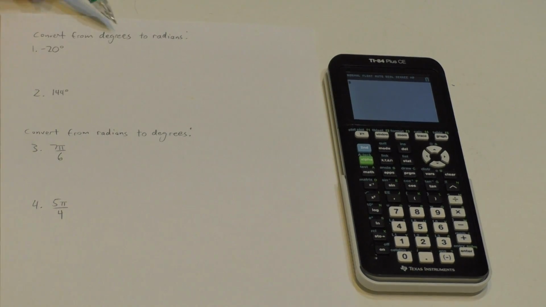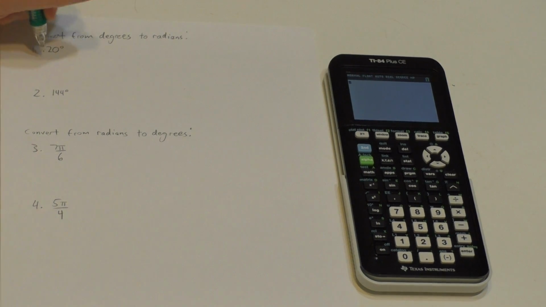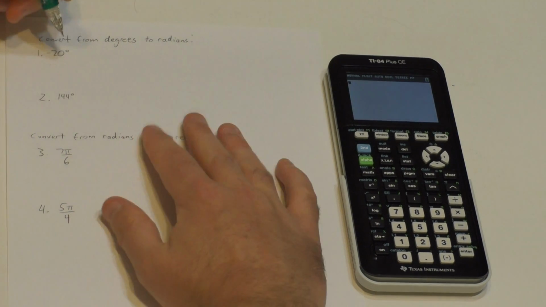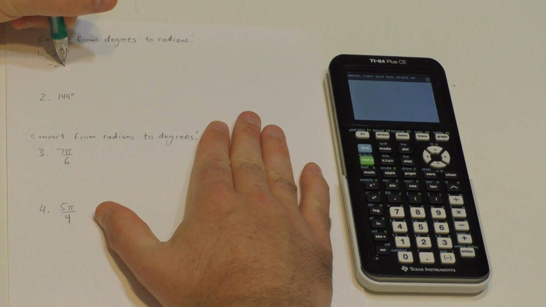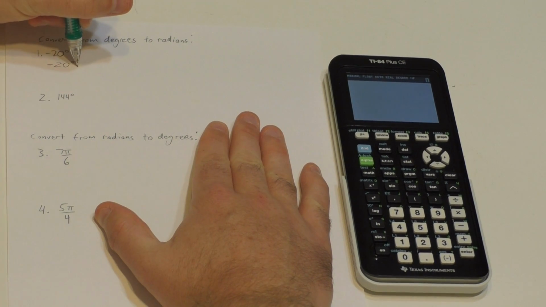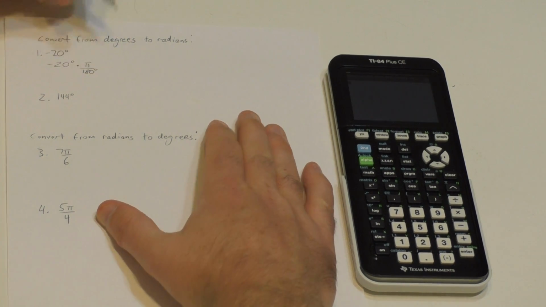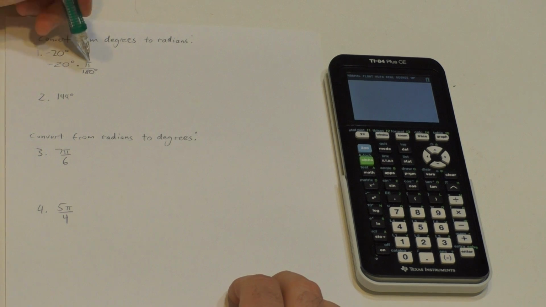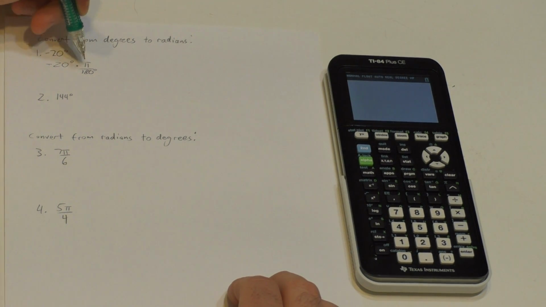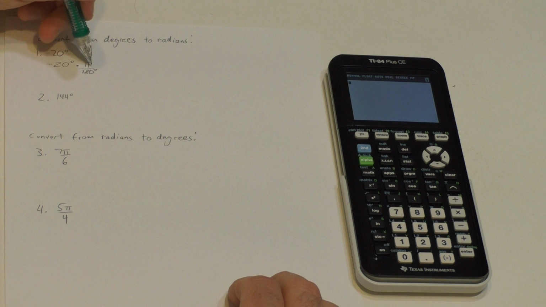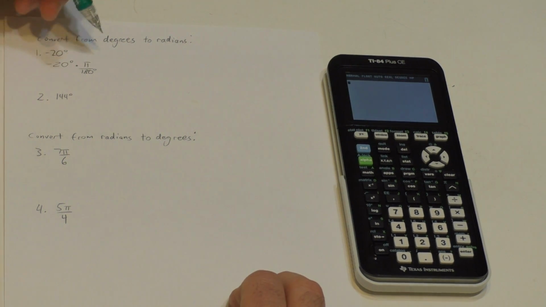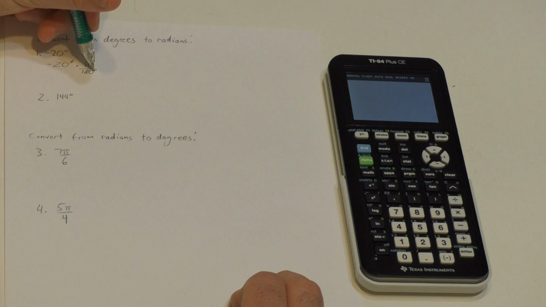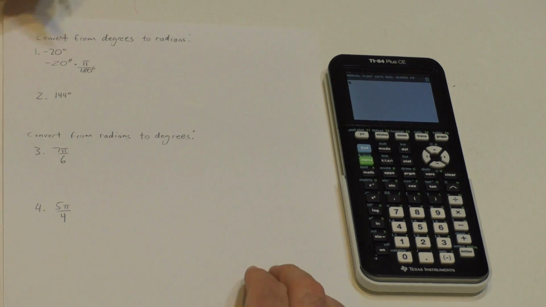Alright, so a couple examples here where I'm going to go from degrees to radians. So I have negative 20 degrees, so I'm going to plug this into that formula that we had. So I'm going to have negative 20 degrees times pi over 180. Alright, so first thing is I'm not going to multiply this by pi in my calculator. I'm just going to tack the pi in at the end, and I'll show you guys what I mean by that. So first, these degrees cancel, and I'm just going to reduce.